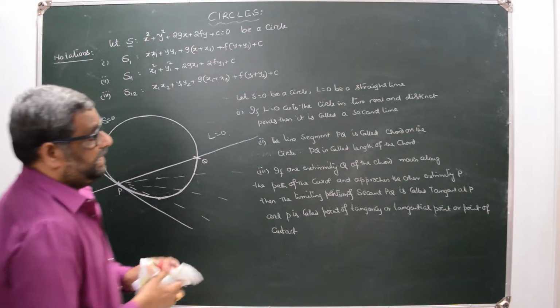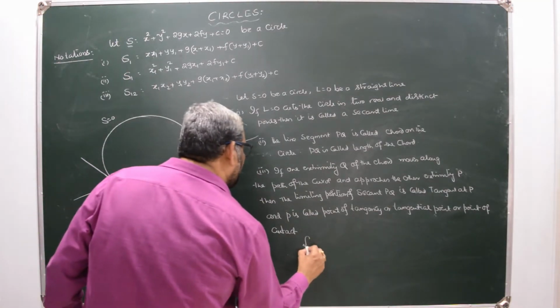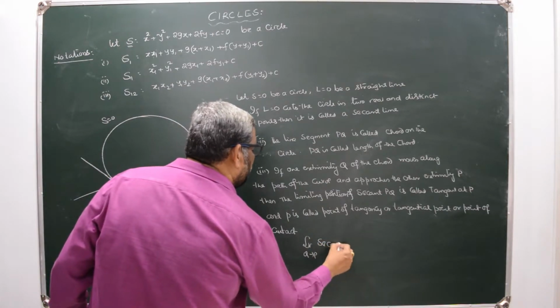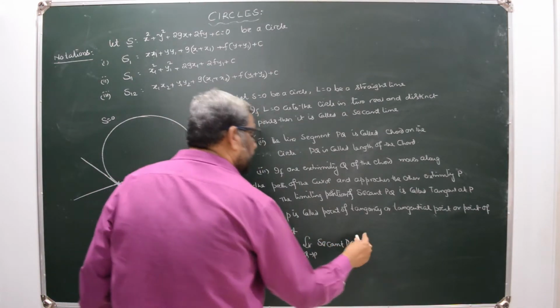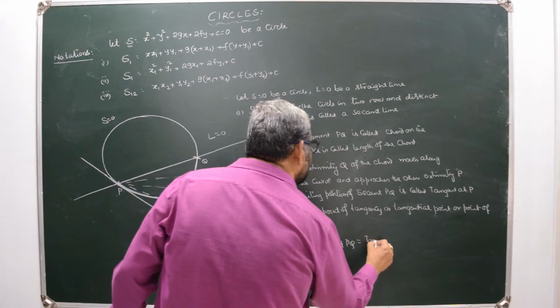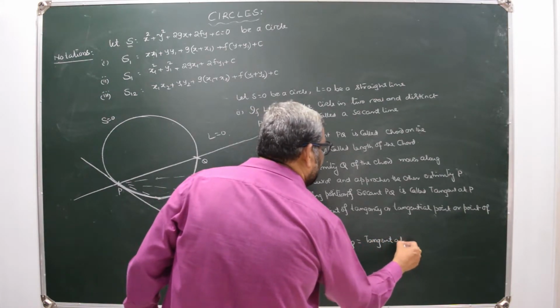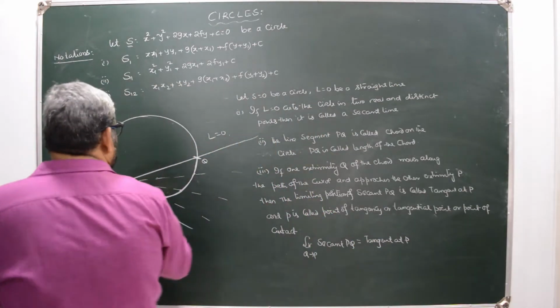So this is the definition. So limit Q tends to P, secant PQ is equal to tangent at P.